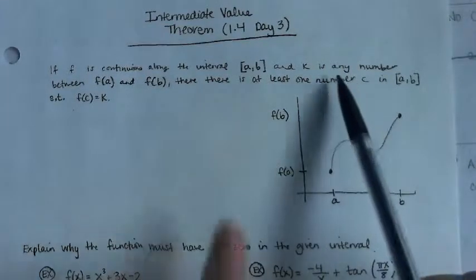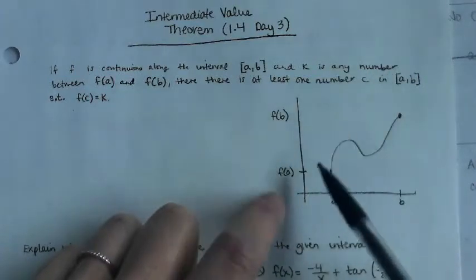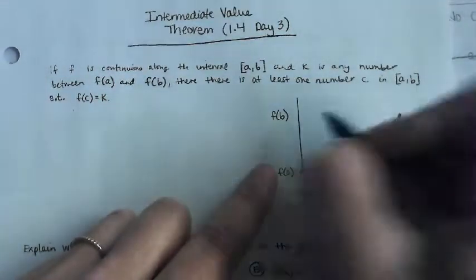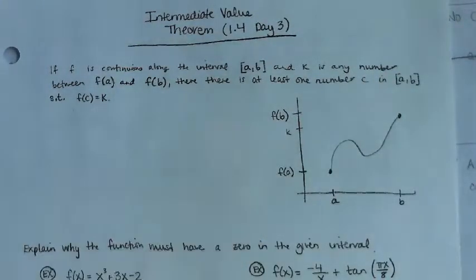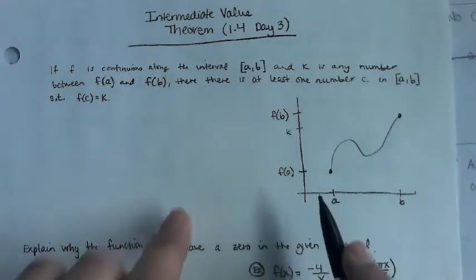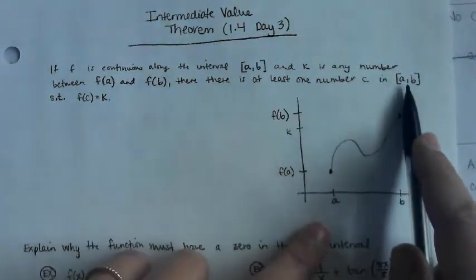And they say if k is any number, any value between f of a and f of b, so k is anywhere between here, I'll just throw it there. Again, you could throw k wherever you wanted. But if k is between f of a and f of b, then there has to exist at least one number c between a and b.